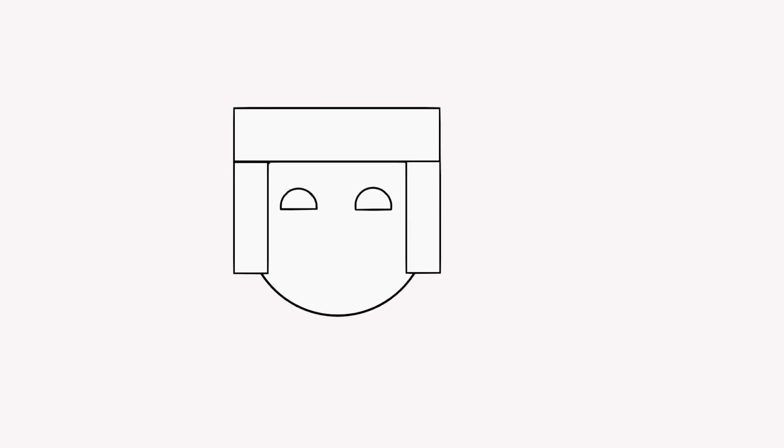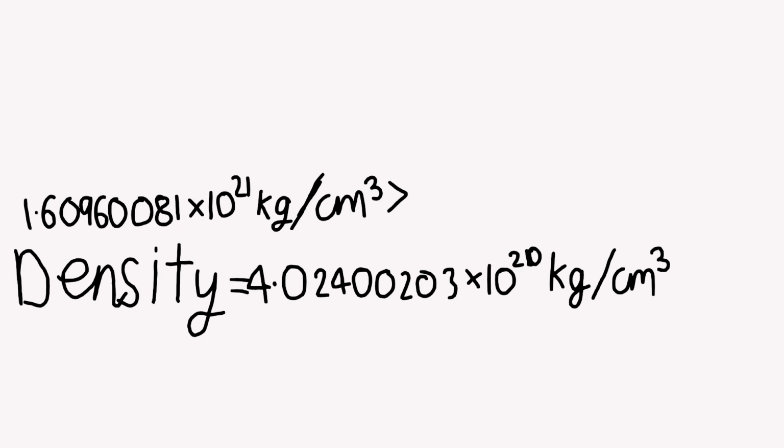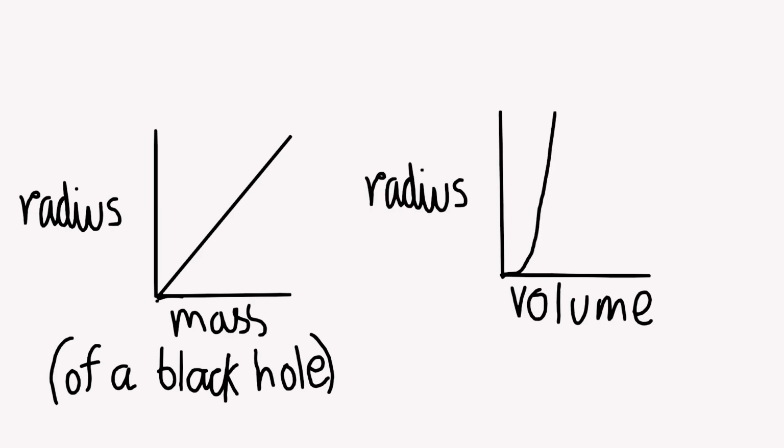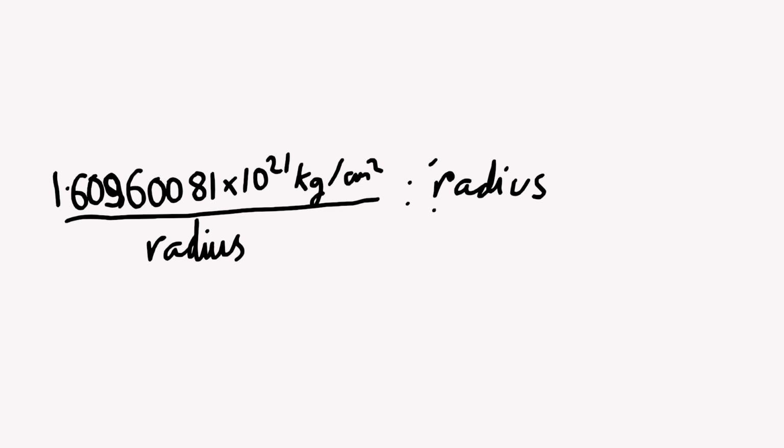Let's find that of a 2-meter radius black hole and we get 40 quintillion 240 quadrillion 20 trillion 300 billion kilograms per cubic centimeter, which is less than the previous, but that's just because the mass increases in a linear manner but volume increases in an exponential manner. So the ratio between radius and density is approximately 160 quintillion 960 quadrillion 81 trillion divided by radius squared, in meters, squared is to radius, in meters.